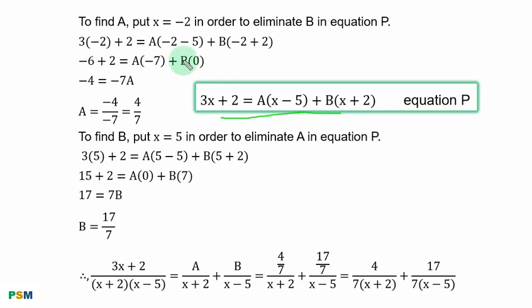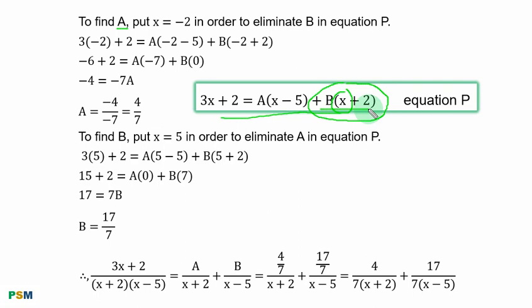The solution continues. We have equation P previously. In order to find A, you simply make this term equal to 0. To achieve that, this s must be replaced by minus 2, because minus 2 plus 2 is 0, and 0 times B is 0.